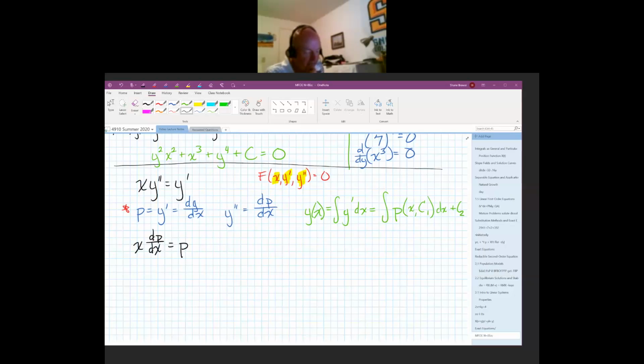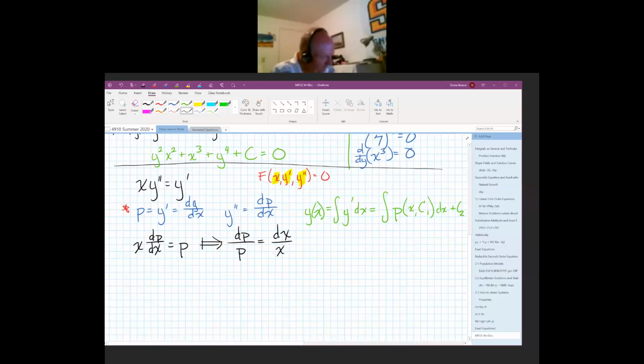And now this is a new differential equation, and we have to decide, okay, how can we solve this particular differential equation? And this one looks like we could easily separate. Yeah, it should be separable, right? So you would have p dp on one side and 1 over x dx on the other side. Is that right? How about dp over p, right? Yes, that's right. dp over p, and then dx over x, right?